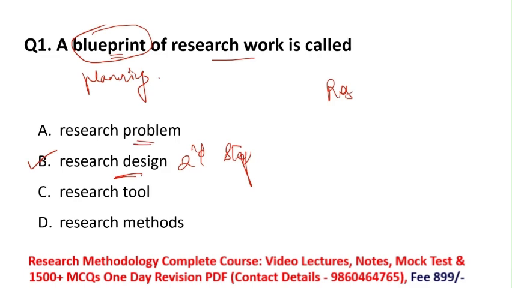A research problem is the topic, problem, or research question on which you are going to do your study and find a solution. In a research problem you are not going to plan anything, that's why option A is incorrect.